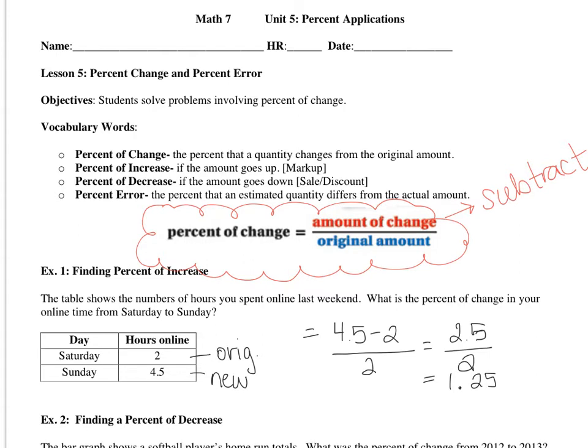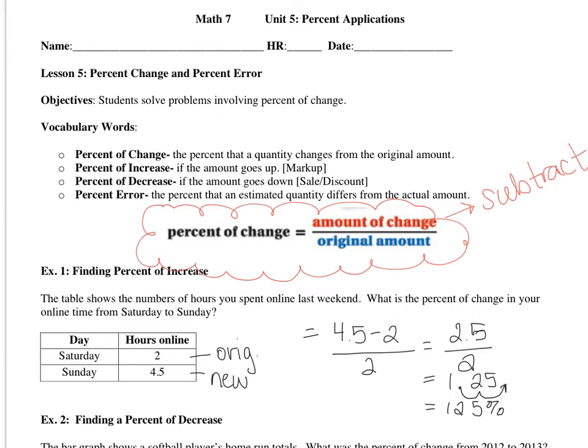Now remember, this is supposed to be calculating a percent of change. So instead of answering as 1 and 25 hundredths, we're going to move that decimal 2 places to the right and tack on that percent sign. So the correct answer would be that there was a 125% change from the amount of time we spent online between Saturday and Sunday. And if you think about it, 100% increase would be doubling where we started.